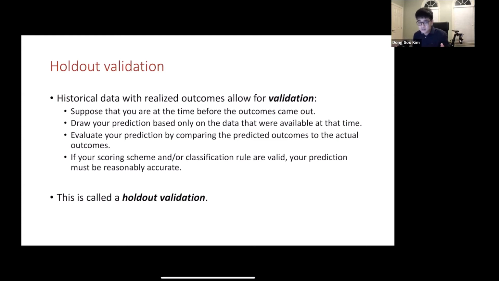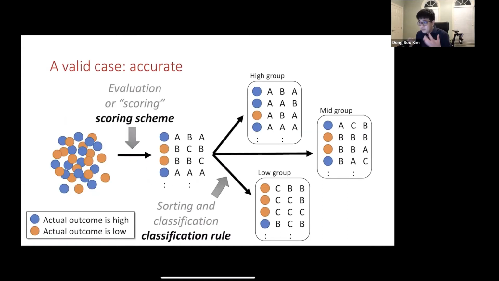And this process is called a holdout validation. Graphically, the holdout validation can be described as follows. The holdout validation is a simulation where we know the correct answers. In the simulation, we know the outcomes of all entities as in this figure.